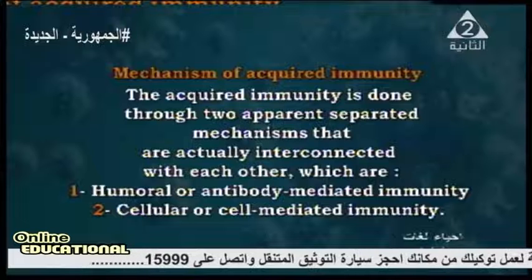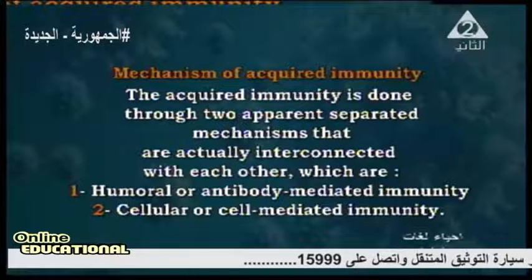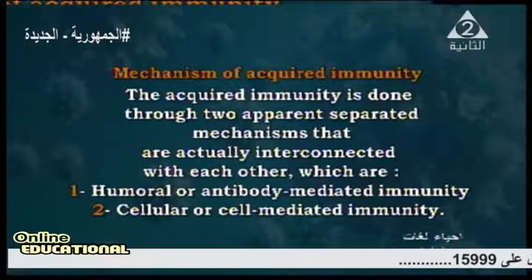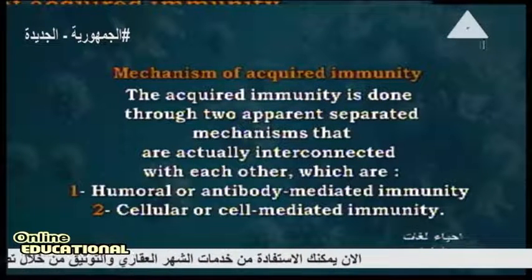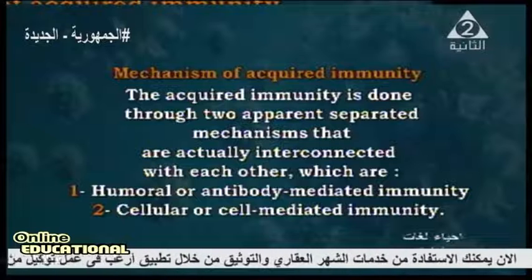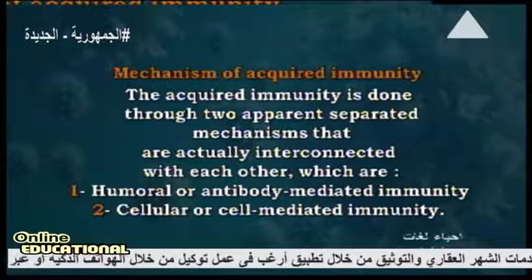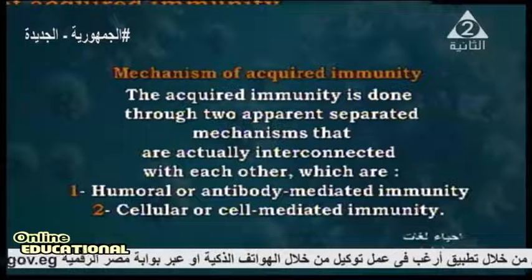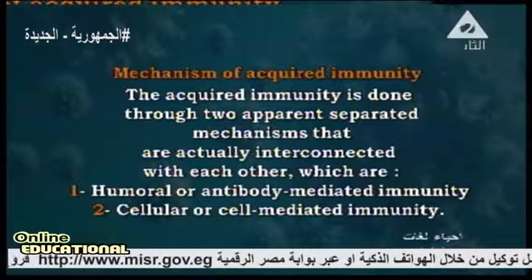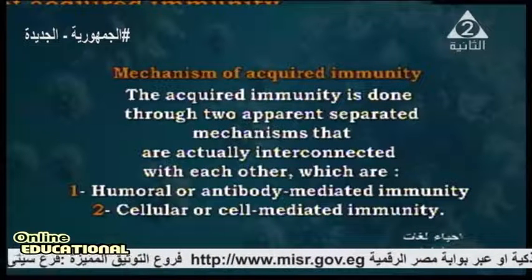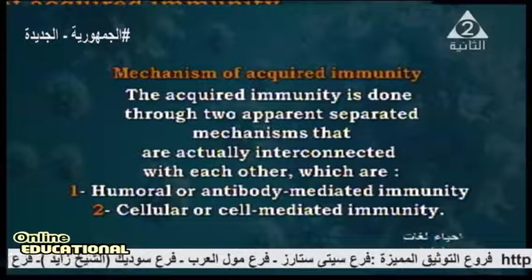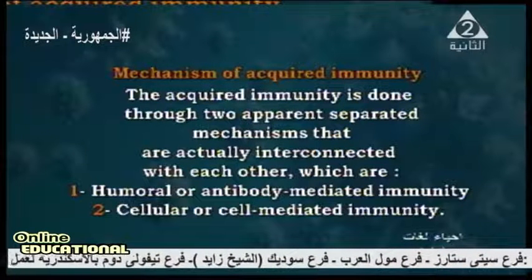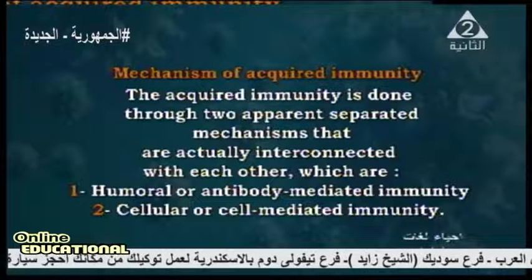What is the mechanism of acquired immunity? The acquired immunity is done through two apparently separate mechanisms, actually interconnected with each other. The first is known as humoral or antibody mediated immunity, and the second is known as cellular or cell mediated immunity. So there are two types of acquired immunity.